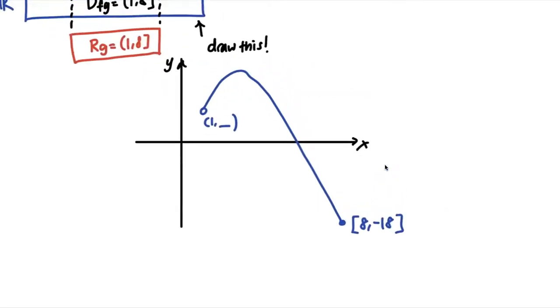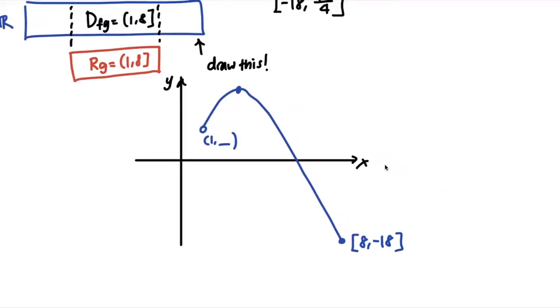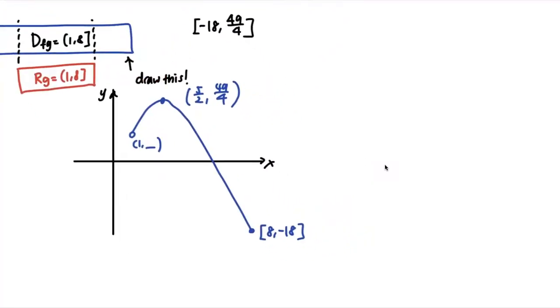And then you find this point, which is 49/4. So this whole entire thing is the range of your fg graph. That's why the answer is just from negative 18 to 49/4.